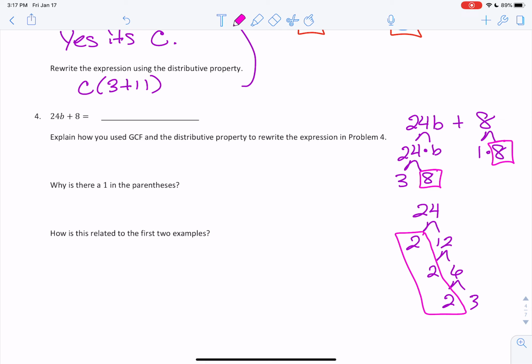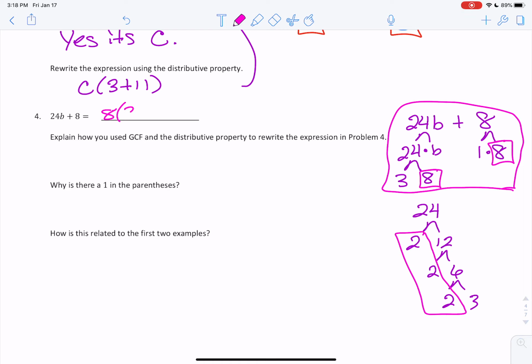So 8, and then you have 8 in the other one. For the purposes of this lesson, we're not practicing factor trees. We're just trying to get the greatest common factors. So I would just stick with this. You're looking for a number that they both have in common. In this case, 8 is the number they both have in common, so I can factor it out.